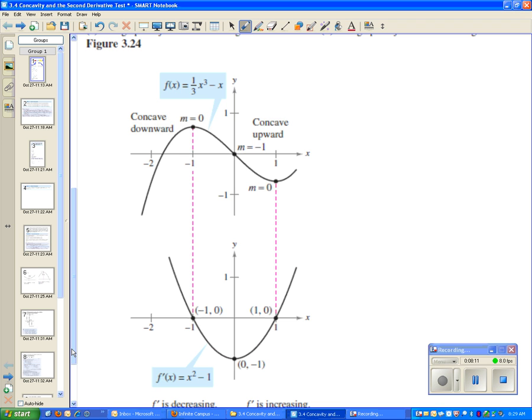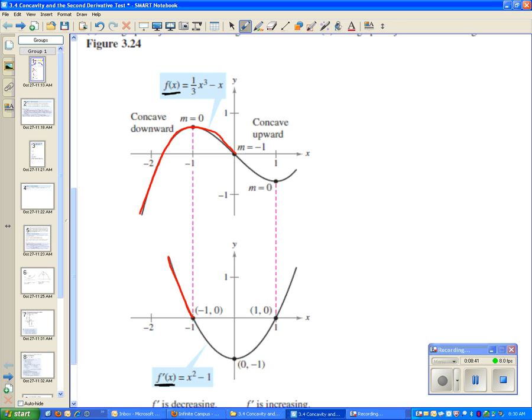All right. Let's look at both of these at the same time. Here's the graph of F, and here's the graph of its derivative. So look, I'll trace it out here in red. Here we've got a function that's concave down, which means its derivative is decreasing. We're still concave down.